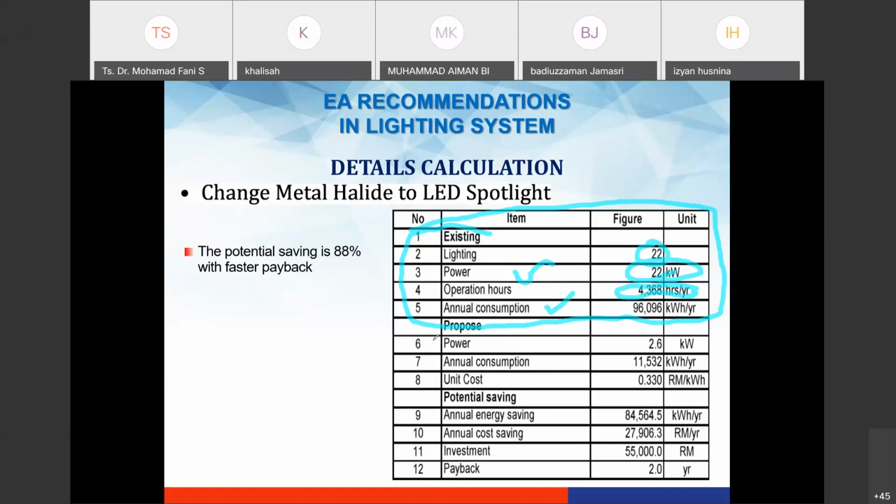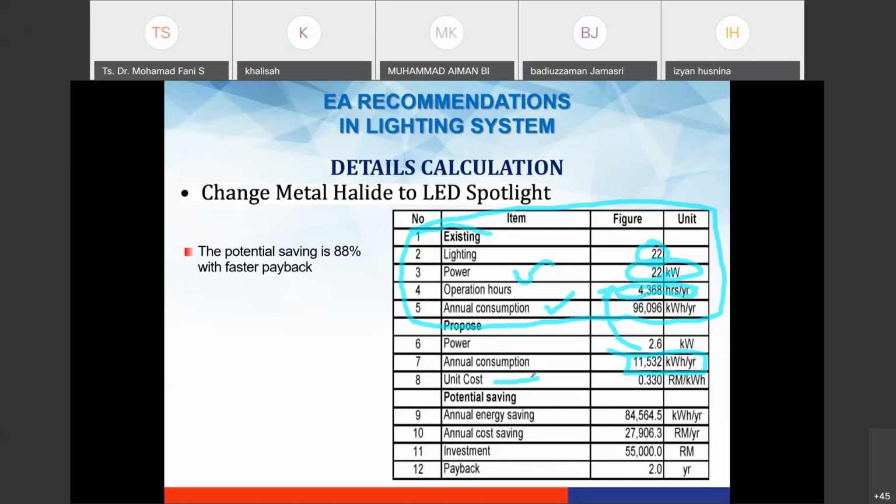And we propose to use the LED spotlight. So the new LED spotlight, the total power for the 22 units is 2.6 kilowatt only, and multiply with the operation hours. So the new proposed LED only uses 11,500 kilowatt hour per year.